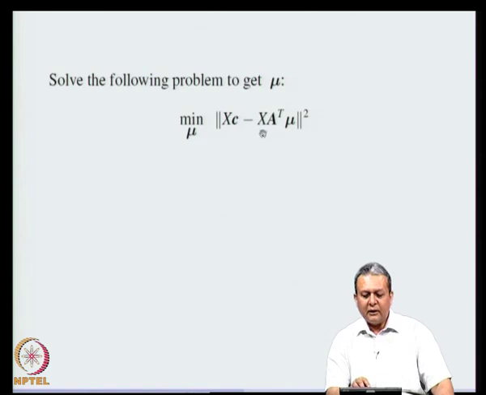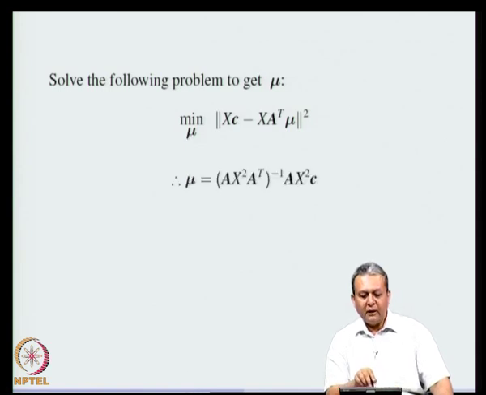Before differentiating, let us note that mu is unrestricted in sign. So, this becomes an unconstrained optimization problem. We have a convex function which is differentiable, and differentiating with respect to mu, what we get is mu equal to (A X square A transpose) inverse A X square c.